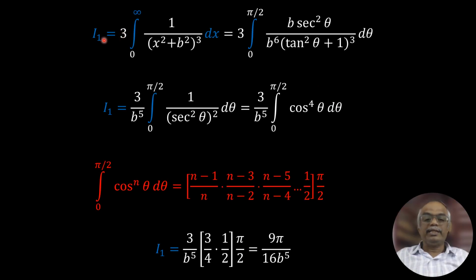Now the integral I1 is 3 times the integral from 0 to infinity of 1 over (x squared plus p squared) whole power 3. If we integrate this by the substitution method, as usual, you take x equal to p tan theta. Then dx is equal to p secant squared theta d theta.